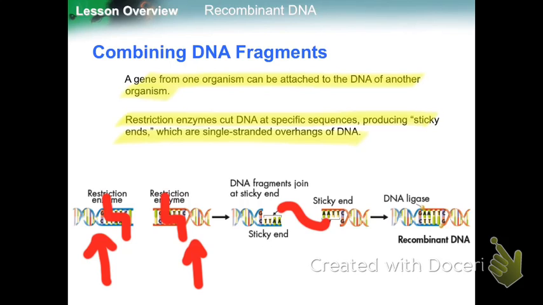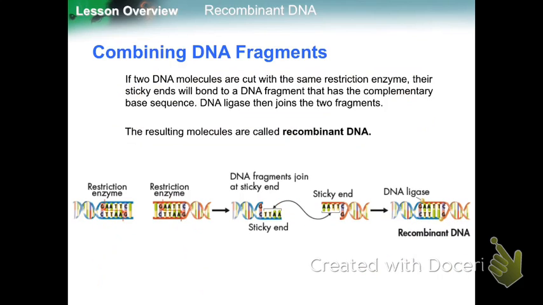So now we've joined together DNA from the blue organism and DNA from the red organism. This is called recombinant DNA. We have recombined the DNA. Now it's from two separate organisms.